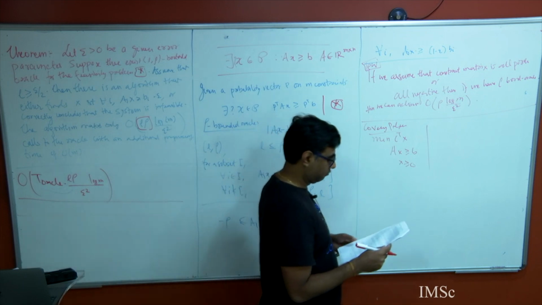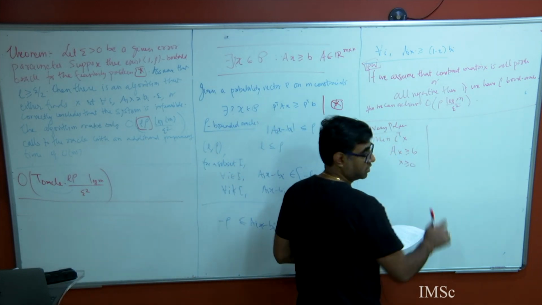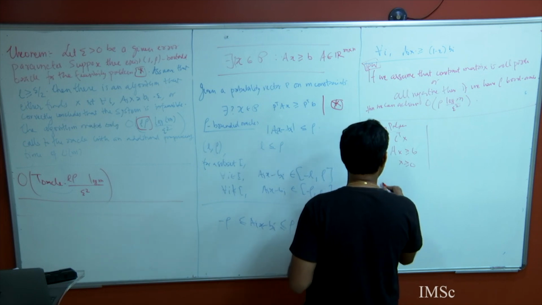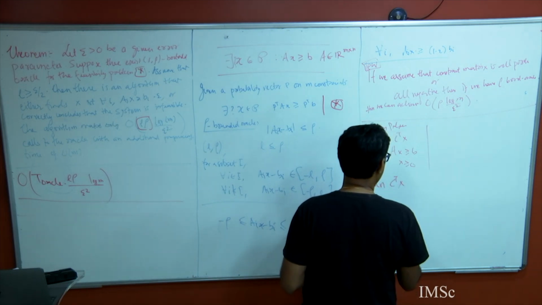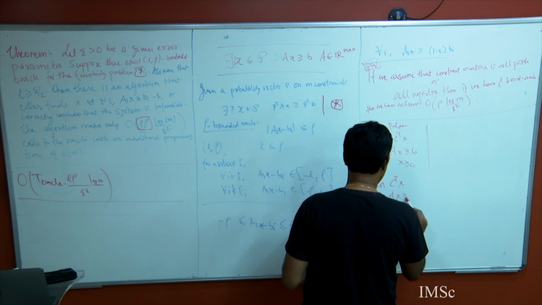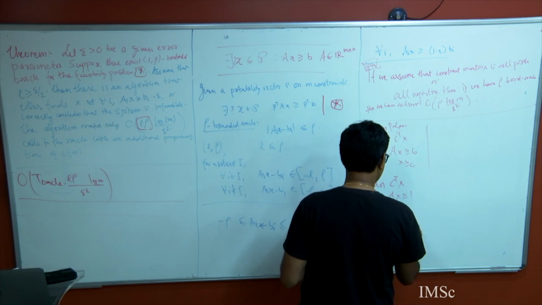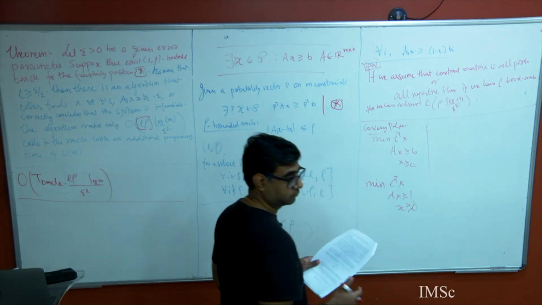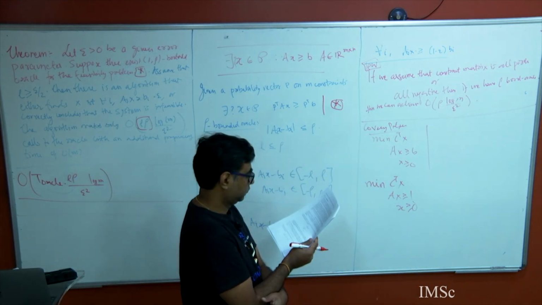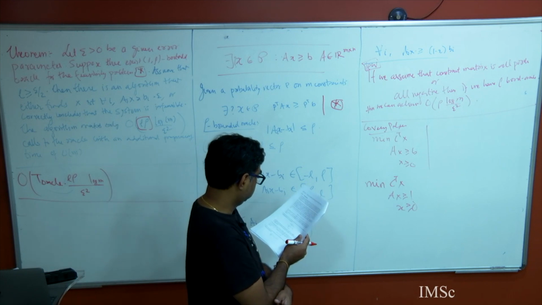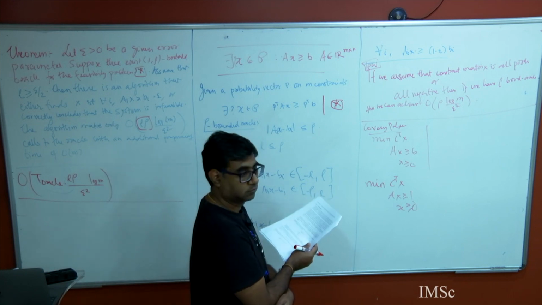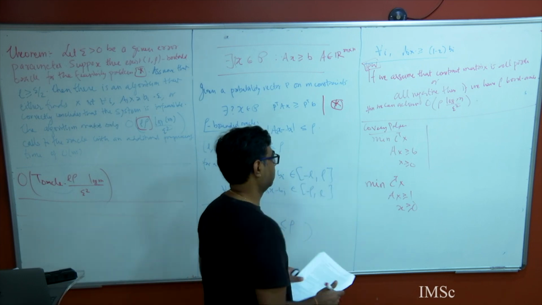You can scale this b in a way that it is the same as minimizing c transpose x subject to Ax greater than or equal to 1, x greater than or equal to 0. They are equivalent.